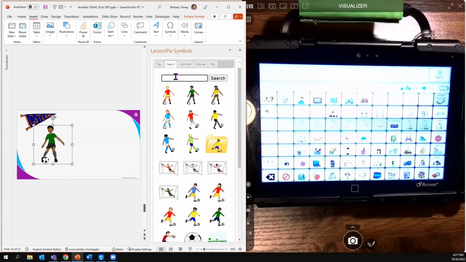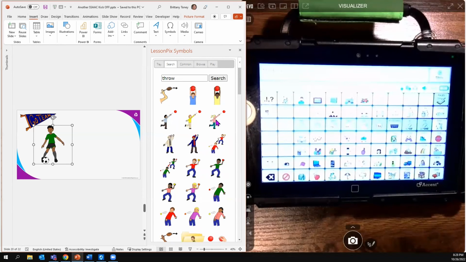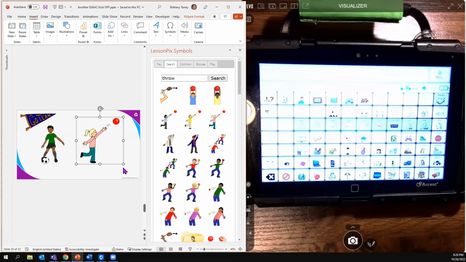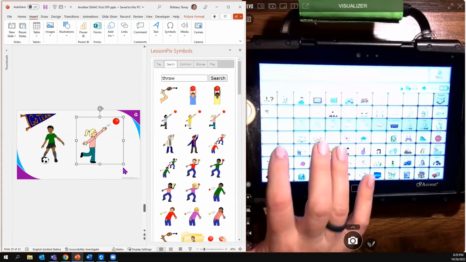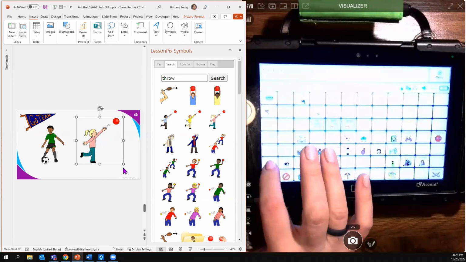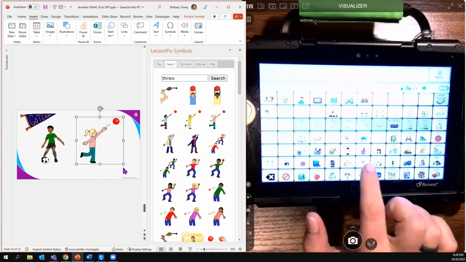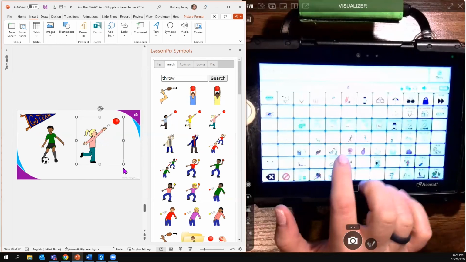Maybe we, what is some of the other words like throw? Ooh. She is throwing the ball. So we could say she, throwing.